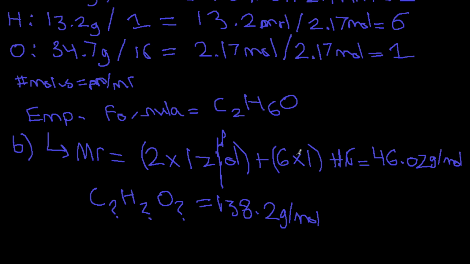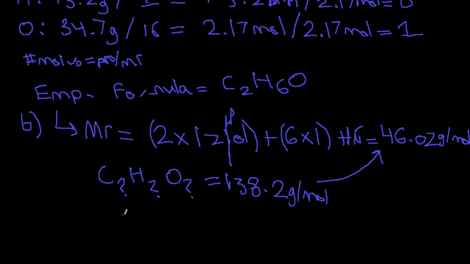So all you really have to do is divide 138.2 by 46.02. This will help us determine how many atoms are in the molecular formula. So once we divide these, we're going to get 3.